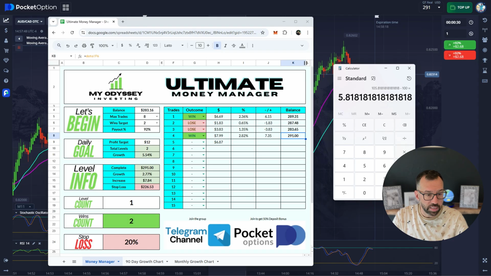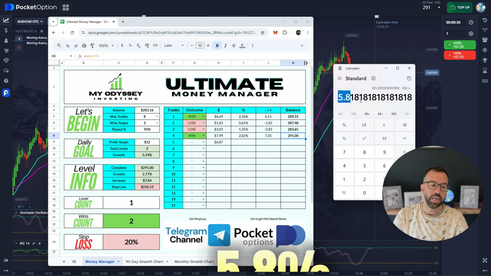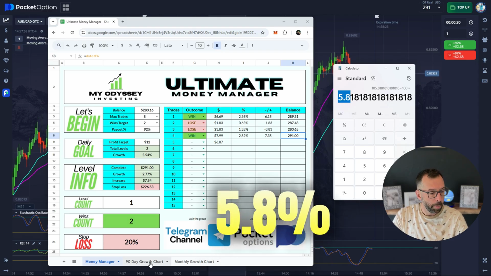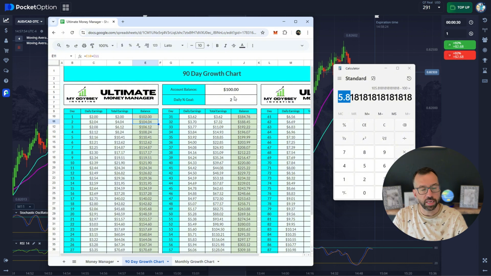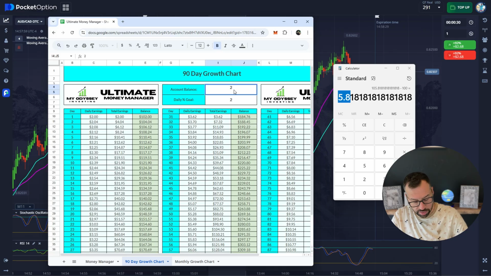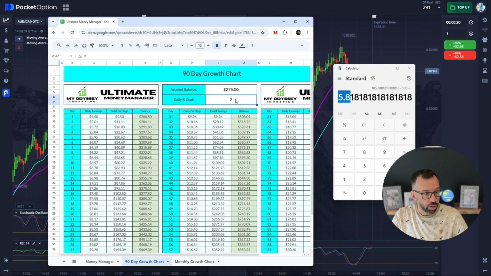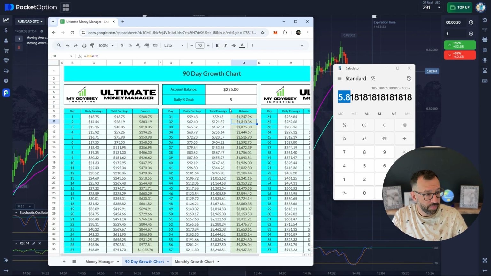That gives us about 5.8% for today, which you can go into the chart here. We started with 275, and our goal for the day was 5%, and we hit just over 5% today. So I could go ahead and enter 291 here, and that would override this auto calculation.